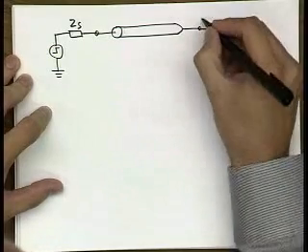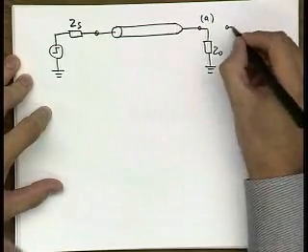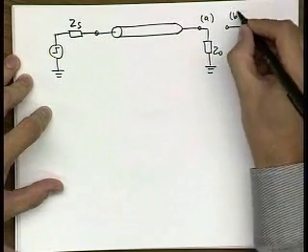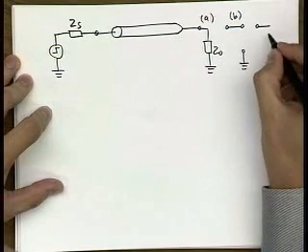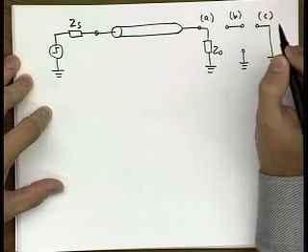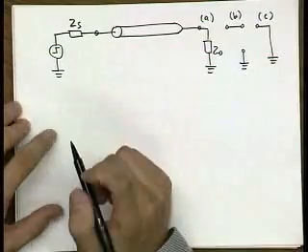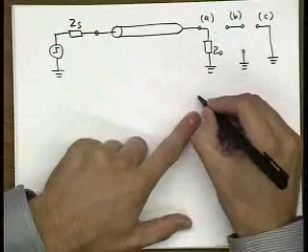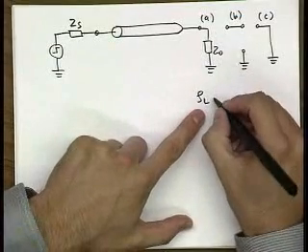We have Z naught, case A. We can have open circuit, case B. And we can have short circuit, case C. Now we have to define the reflection coefficient at the destination.